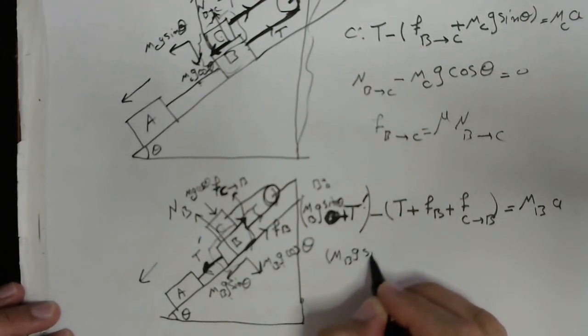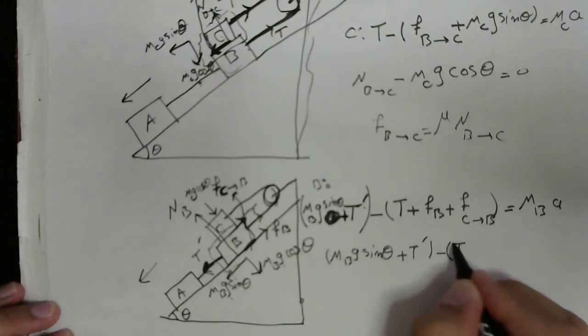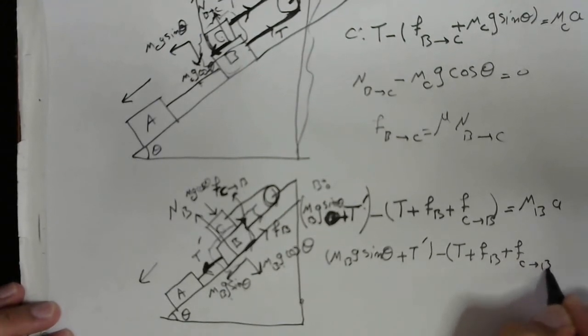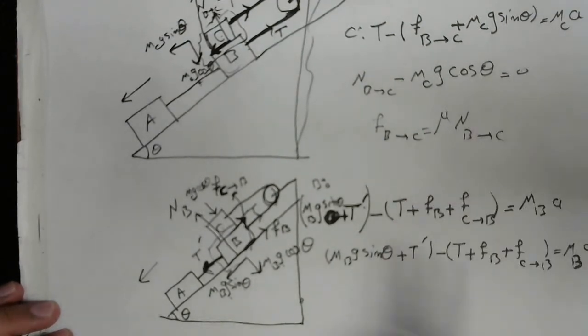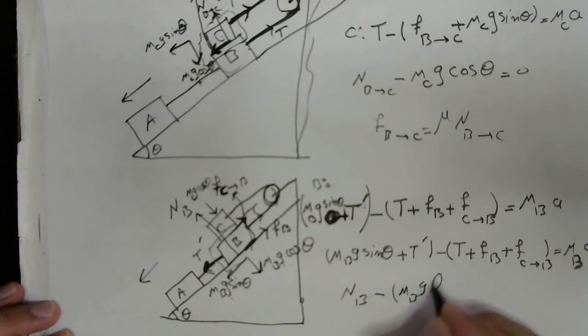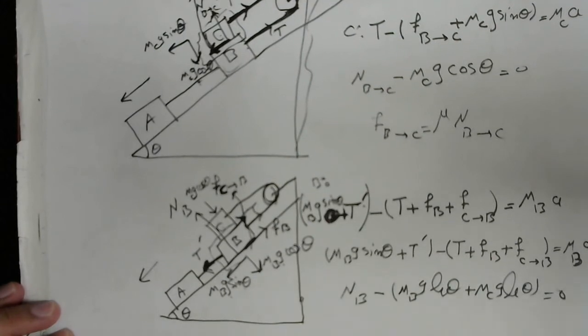I write it again. MBG sine theta plus T prime minus T plus FB plus FC to B is MBA. The acceleration is the same because they're all connected together and moving together. And also NB minus MBG cosine theta plus MCG cosine theta is equal to 0.